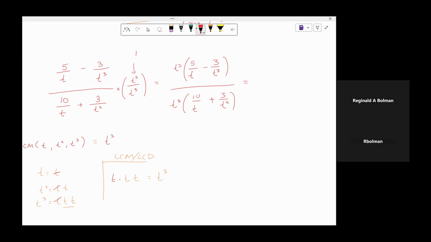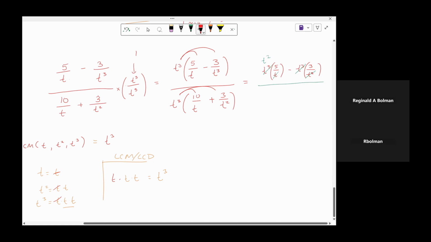But what's going to happen here is where the magic begins, because you will have t cubed times 5 over t minus t cubed times 3 over t cubed, and t cubed will cancel out with t cubed. Your t cubed will in fact divide with t, and you'll be left with a t squared.